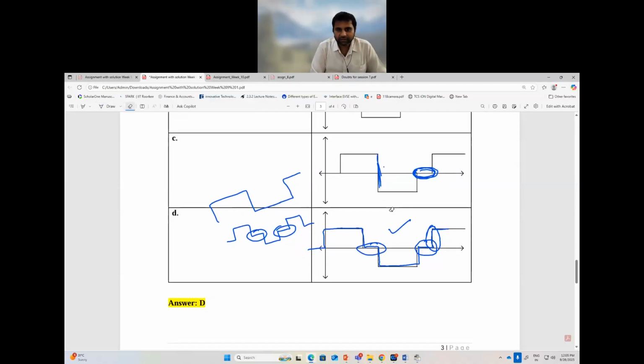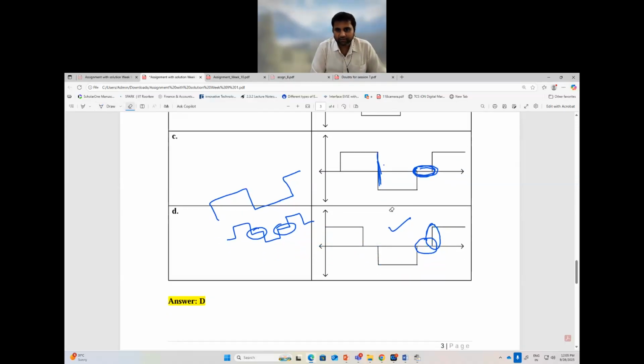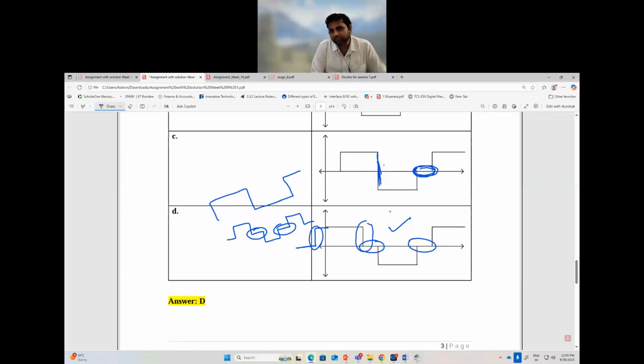It is indicative of that. The moment I have given 0 here and 0 here, it indicates that before the rising of this particular edge, you will have 0 before the rising edge, and you have 0 after the falling edge. So both sides your 0 has been introduced.